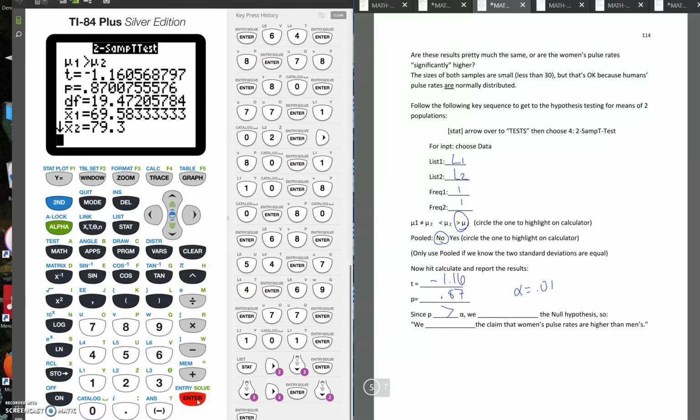Since p is greater than alpha, we do not reject, which means we do not support the claim that women's pulse rates are higher than men's.